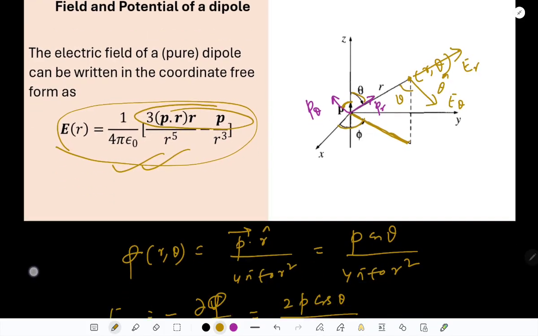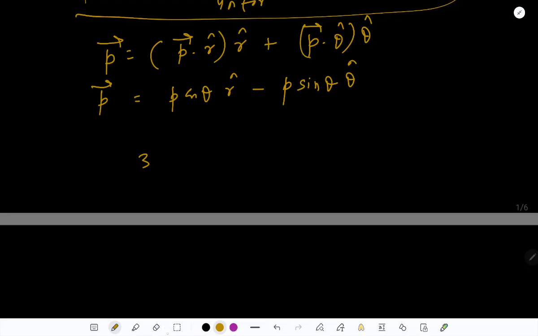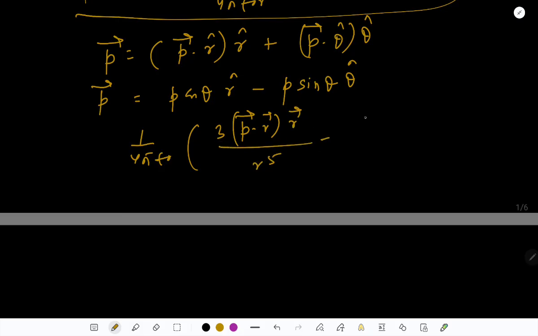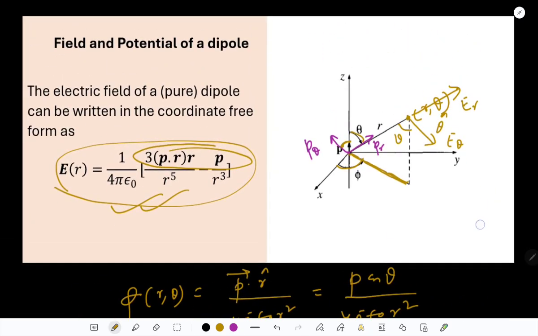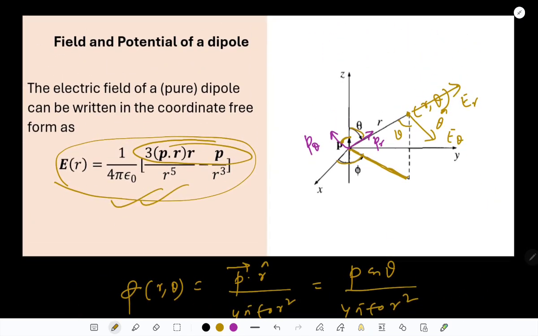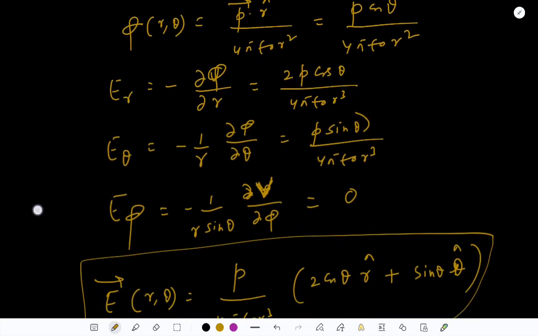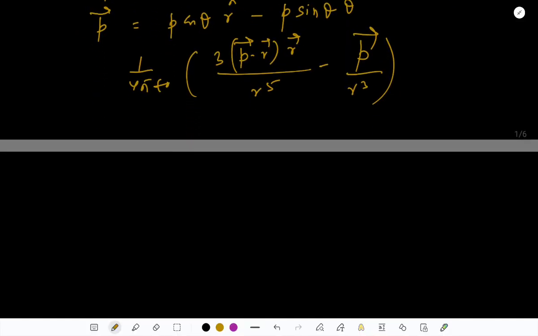In fact, this is simply written as 1 upon 4 pi epsilon naught, 3 p dot r vector by r^5 minus p upon r cube. I guess I have written it all correctly. Okay, so the expression I wrote here is correct.